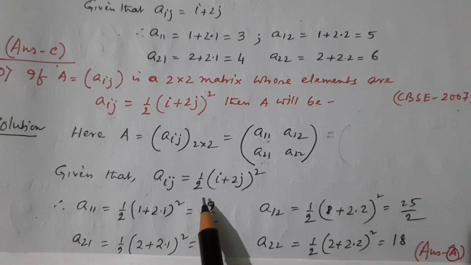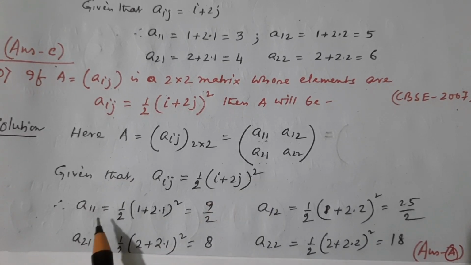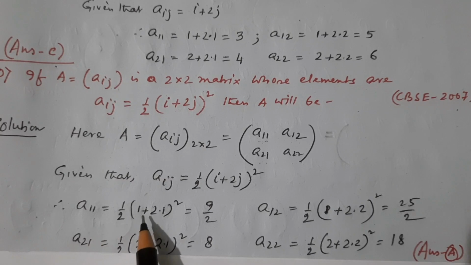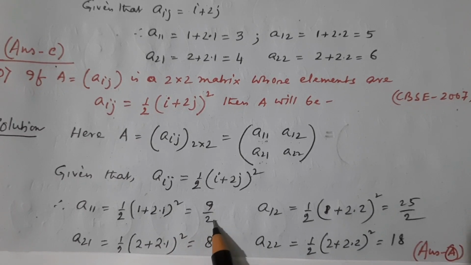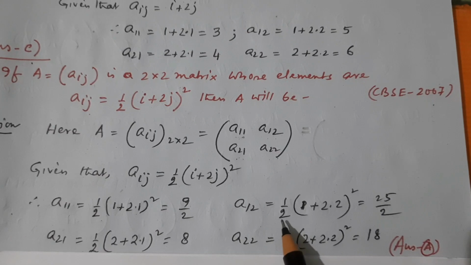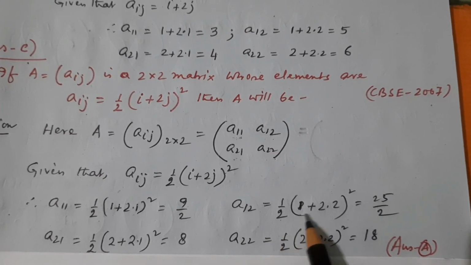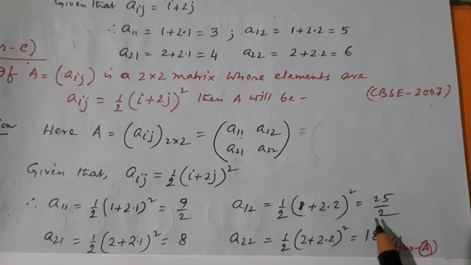Here Aij equals half of (i plus 2j) whole square. For A11, i equals 1, j equals 1, half of (1 plus 2 into 1) whole square, simplifying we get 9 by 2. A12, i equals 1, j equals 2, half of (1 plus 2 into 2) whole square, that is 25 by 2.